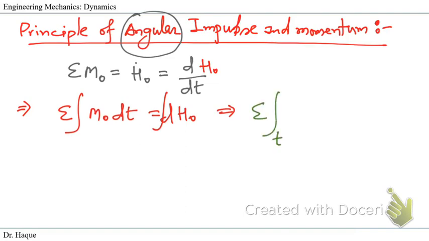the integration from time t1 to t2 of M naught dt, and the integration of dH will be H from t1 to t2.